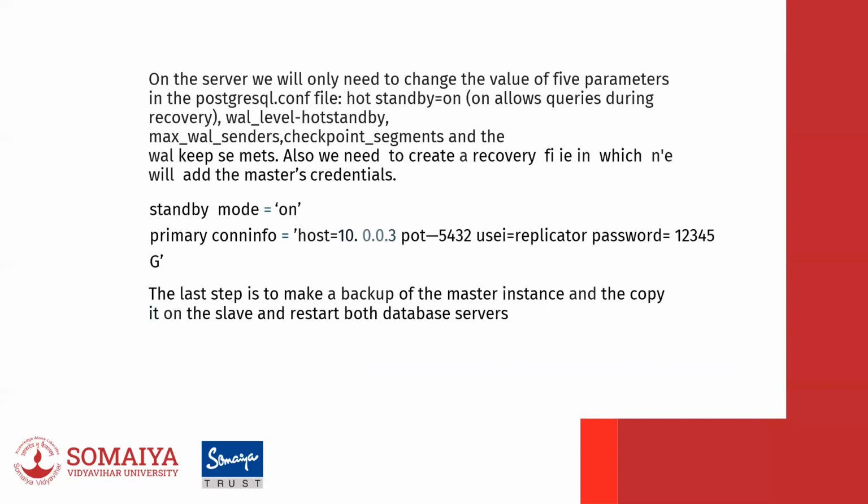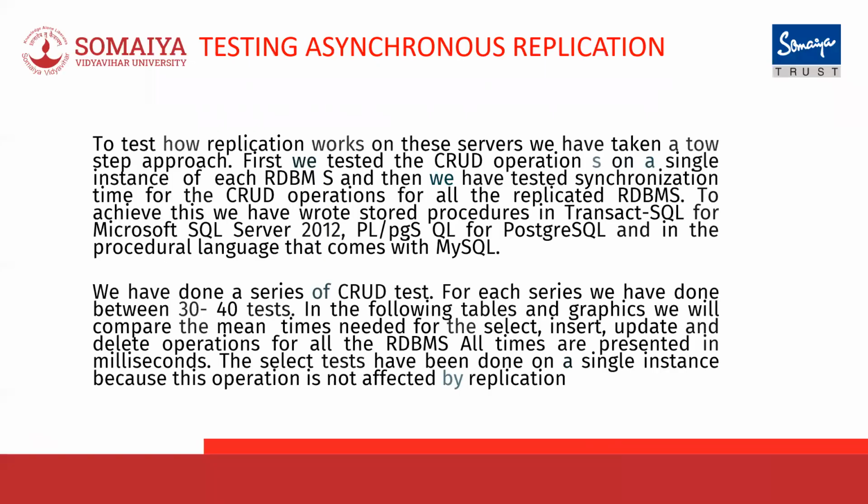Also, we need to create a recovery file in which we will add the master's credentials. These are the credentials that we'll add. The last step is to make a backup of the master instance, copy it on the slave, and restart both servers. Now we'll test asynchronous replication.